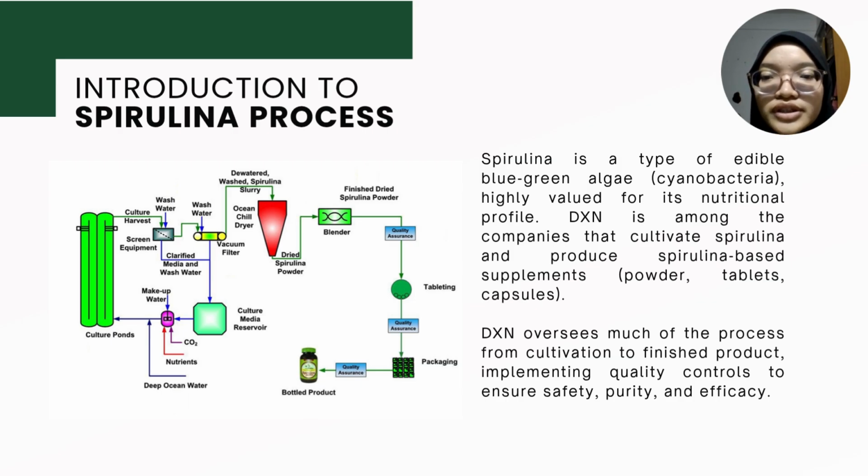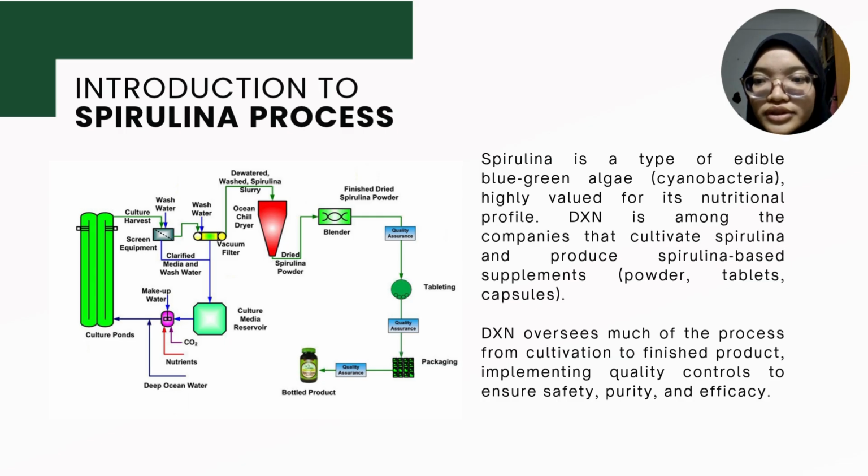The production of spirulina involves a series of carefully controlled stages to ensure optimum growth and preservation of its nutrients. The main processes include cultivation, harvesting, filtration, drying, and lastly packaging. Before packaging, they will ensure the quality of the spirulina first, and then packaging.